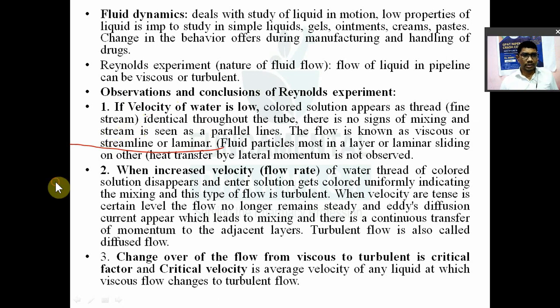Second observation: when the flow of water is increased, that is, when the velocity of water or the flow rate is increased, which can be adjusted by the valve provided for that, what will happen? The thread of colored solution disappears. The line of colored solution that was visible disappears, and the entire solution gets colored.